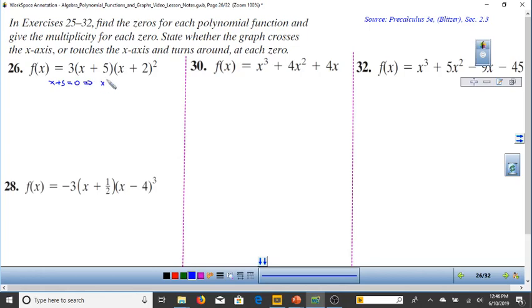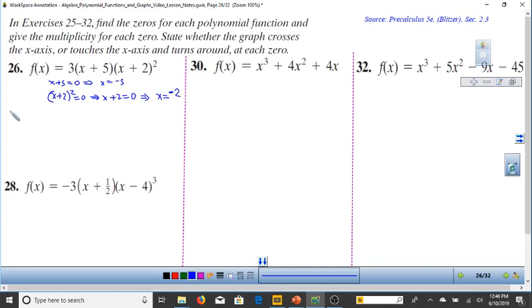That will give us the zeros. So we take our factors here, and the multiplicities won't change our results. So we have two factors here, two zeros here.